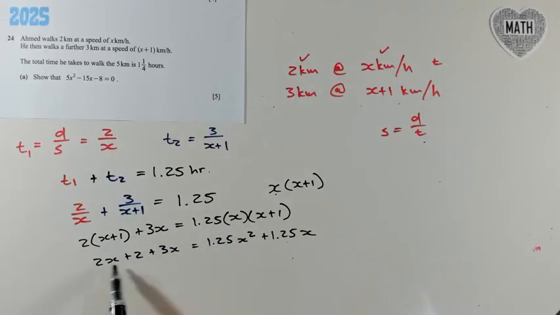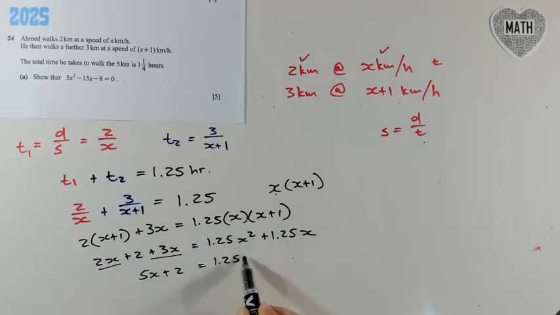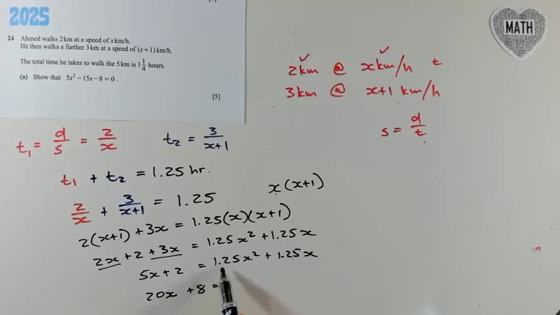Before I do that, let me just sum up these two things. So I have 5X plus 2, and then 1.25X squared plus 1.25X. If I multiply everything by 4, this should be 20X plus 8, and a quarter times 4 is 1, so that should be 5X squared plus another 5X.